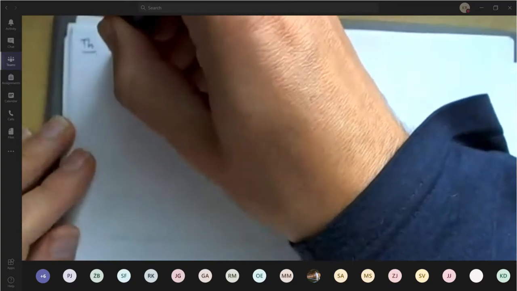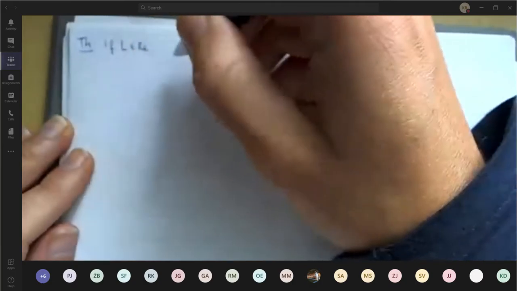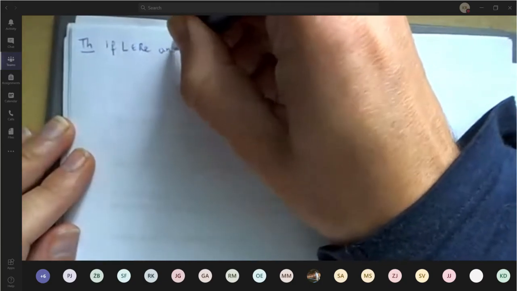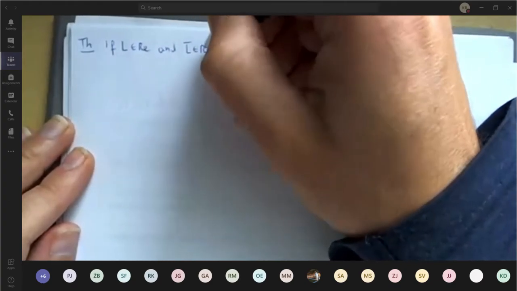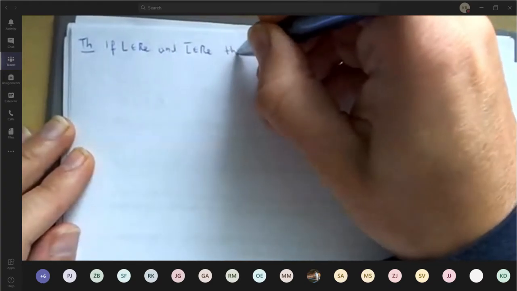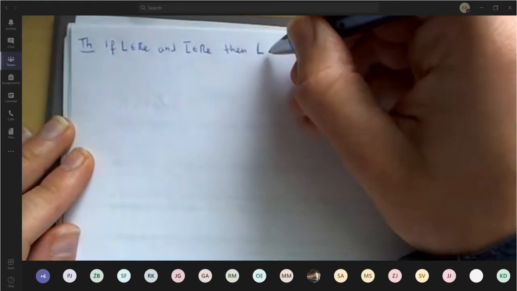So if L is recursively enumerable, and also its complement is recursively enumerable, then this language is recursive.